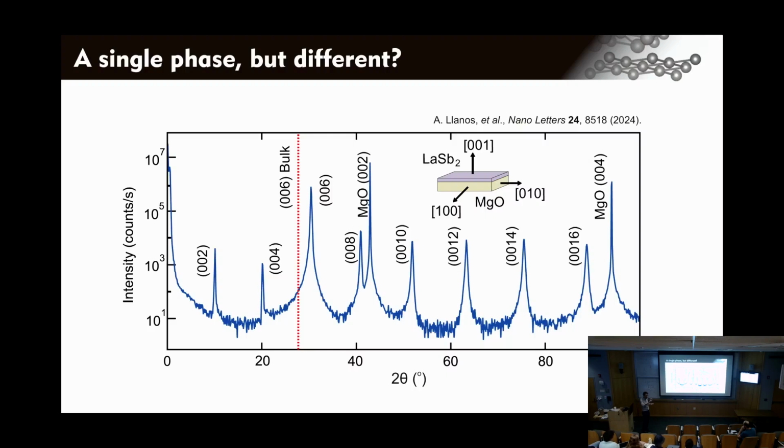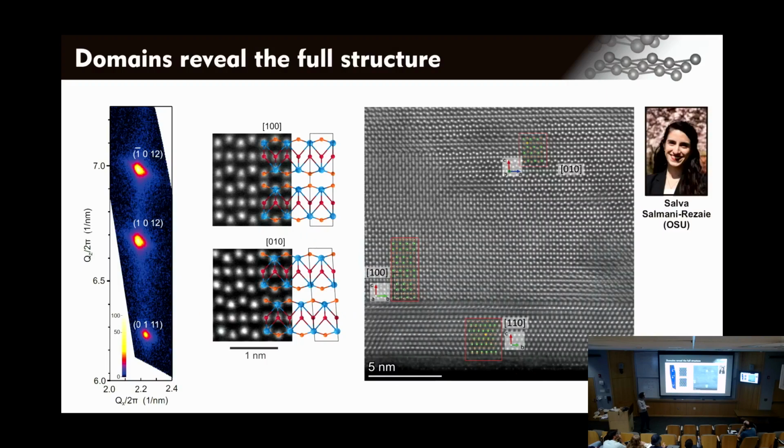This corresponds to about a 5% contraction in the c-axis length, and 5% in crystal terms is gigantic. So this was the first tantalizing suggestion that something different might be happening. Okay, so let's look at this warts and all.